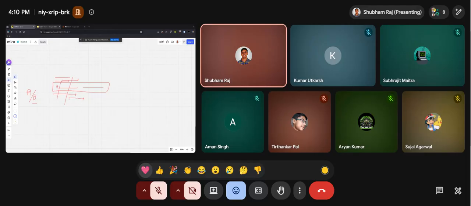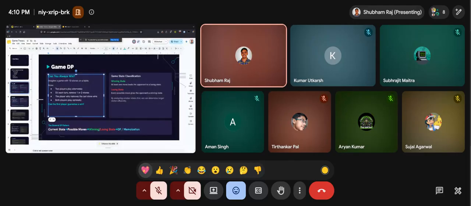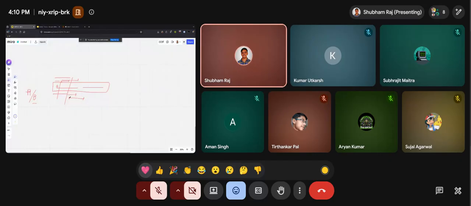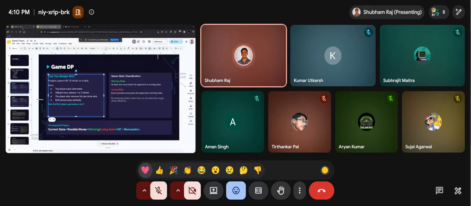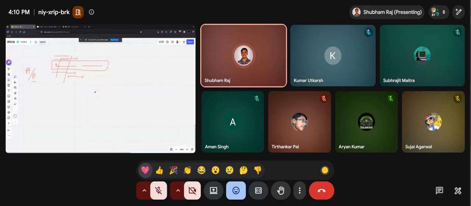So this is a basic game, but if you think in a greedy way, you will not be able to solve it. Suppose in the game there are 10 stones. Let's try it for only three stones. How will both players play this game?